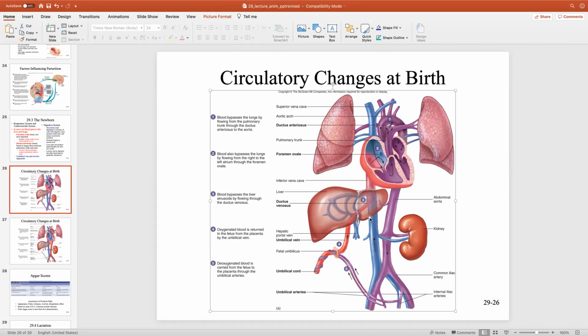Remember, bilirubin is produced usually in the spleen, which they don't show here. In the spleen, we recycle 2 million red blood cells every second. In the bone marrow, we make 2 million red blood cells every second. In the spleen, we get rid of 2 million.